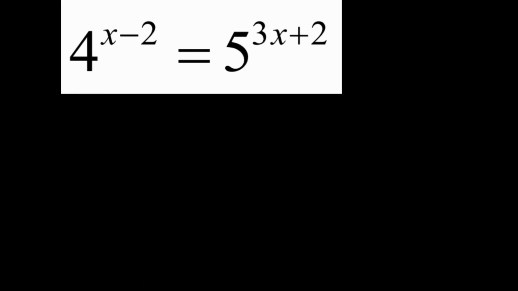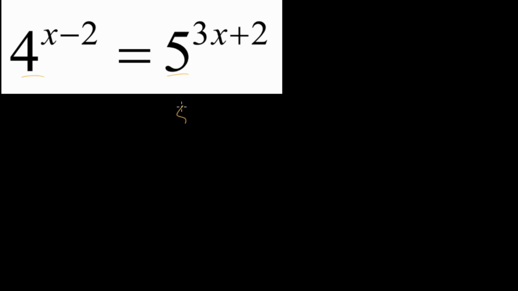And with exponential equations, there are several strategies. One is that if you can rewrite both of these bases as the same base, then you can just equate the exponents. So for instance, if this was 8 raised to the 3x plus 2, then we could rewrite 8 as 2 cubed and then use exponent properties.